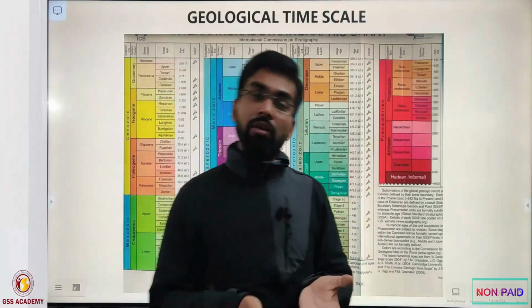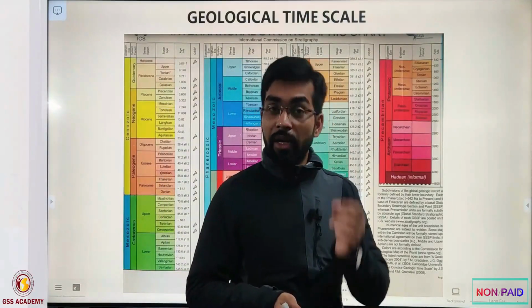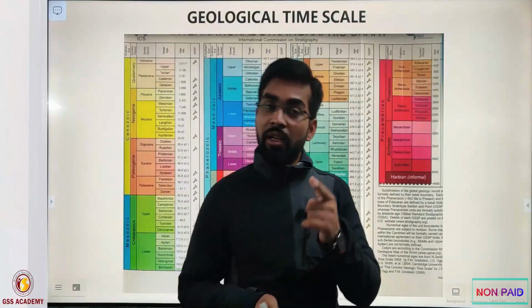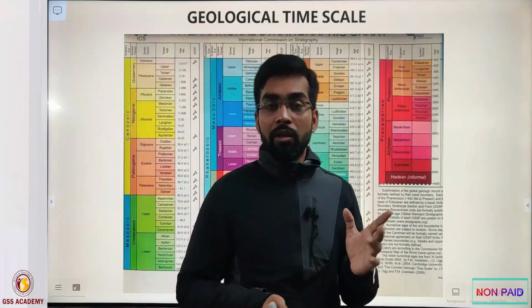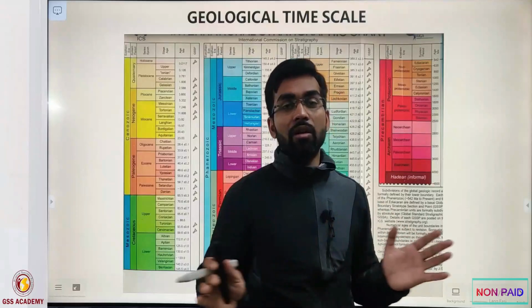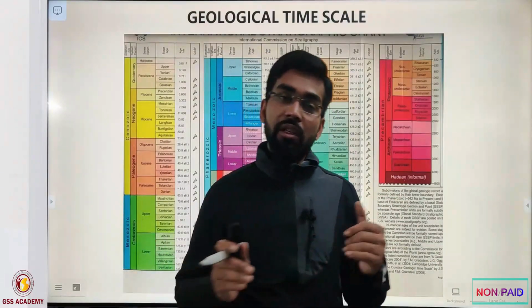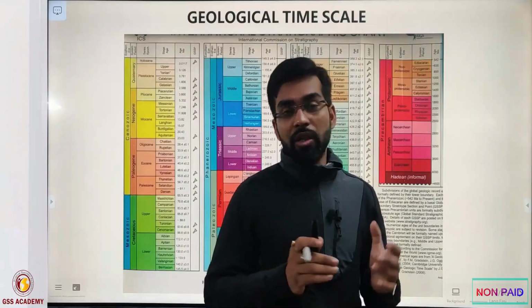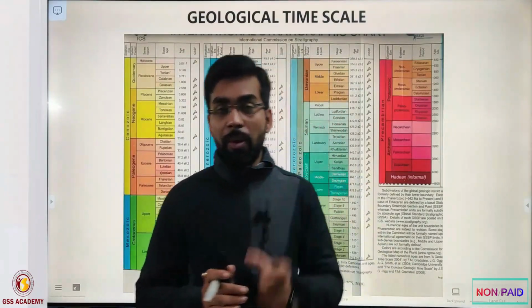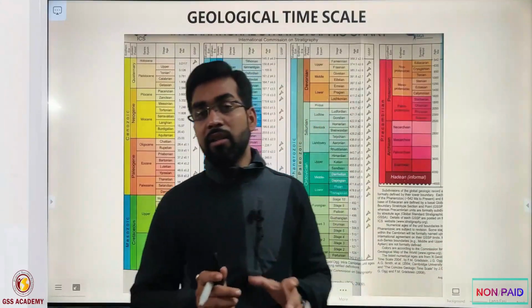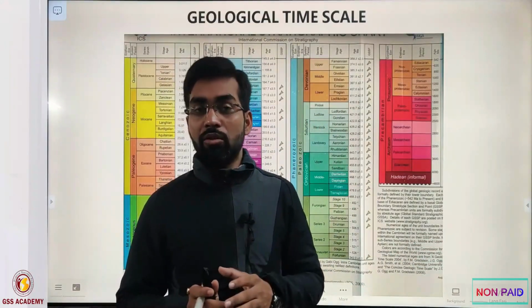You can recall all these formations, and you will not find any single larger formation in the Indian Peninsula. The reason behind it is still not clear. But this is a fact that we are not going to find any larger formation in the Indian Peninsula in the Paleozoic age.